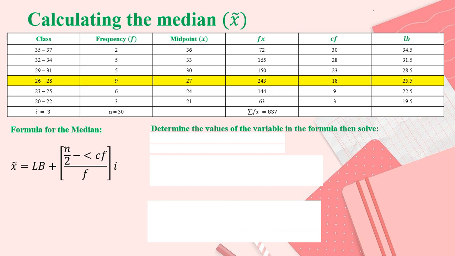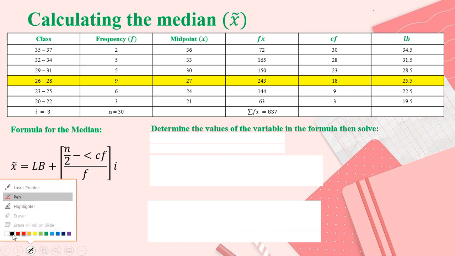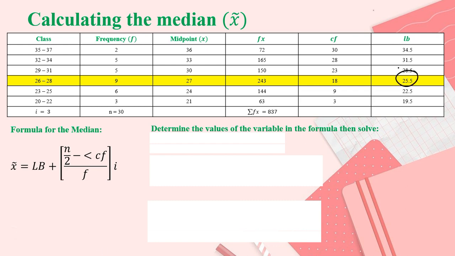So, unahin natin si LB. Saan lang kayo titingin? Doon lang po kayo titingin sa ating median class or doon po sa naka-highlight na yellow. Okay? So, LB po natin dyan, given, syempre, we have 25.5, which is ito po. Okay? Next is yung ating N. Ayan, alam naman natin yung N natin, we have 30.